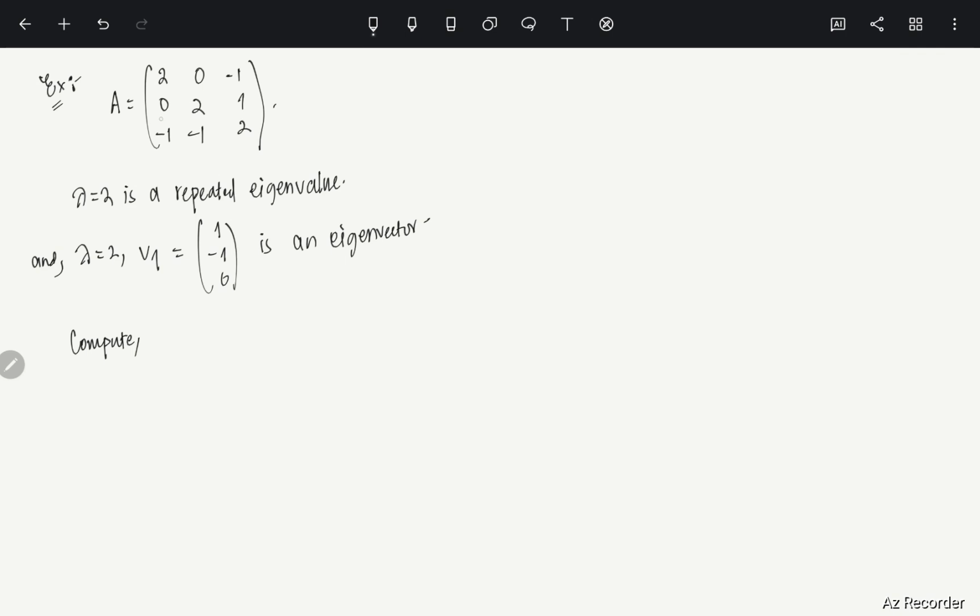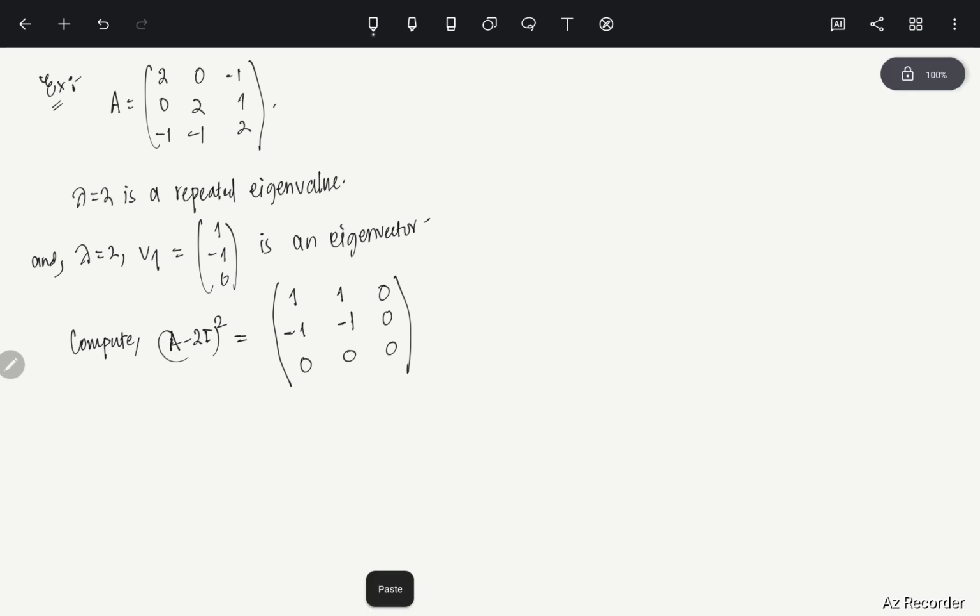First of all, we compute this. You start with A, so we compute (A minus 2I) squared. Let's just compute it. If you compute it, it becomes 1 1 0, minus 1 minus 1 0, 0 0 0. Clear? Now I am going to find a vector v3.